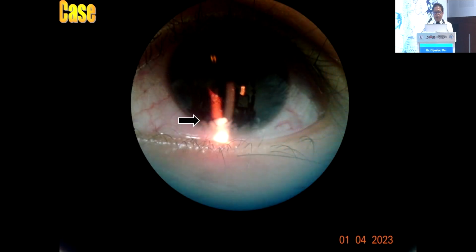The second masquerade: I'm showing you a 6-year-old child sent from a remote place in our area with a diagnosis of intermediate uveitis. At the arrowhead, you see there is an infiltrate. These are infiltrates in the anterior chamber, and you see the pupil is constricted.